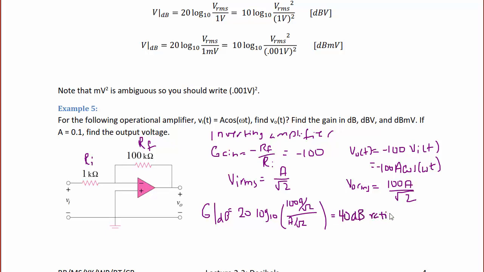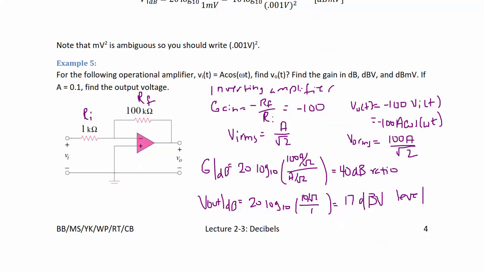And note that the units are decibels because that's a ratio of two voltages. V out in decibels can be written as 20 log base 10 of 10 over the square root of 2 with respect to 1, and that's 17 dBV because now that's a level where it's a ratio of the output with respect to 1 volt.